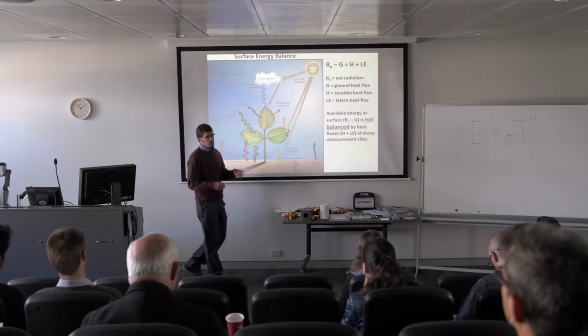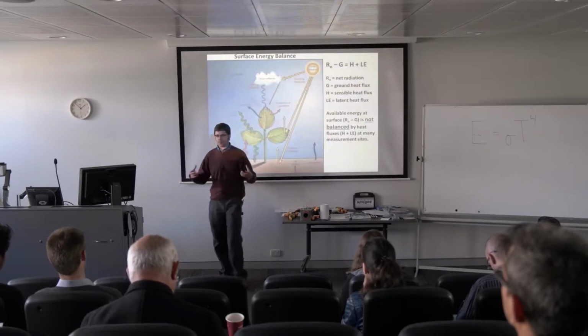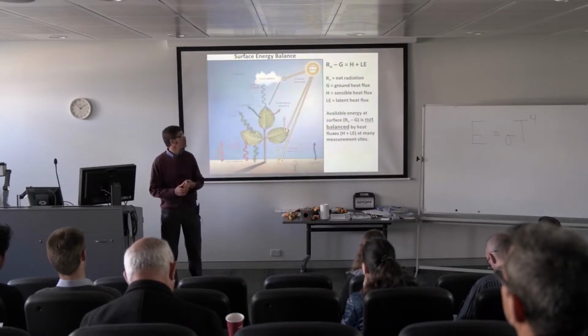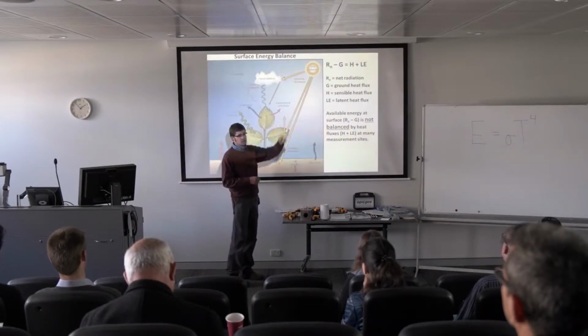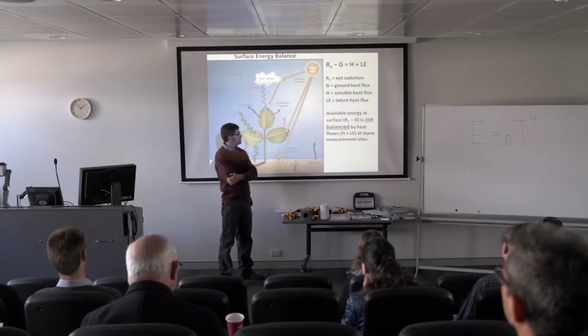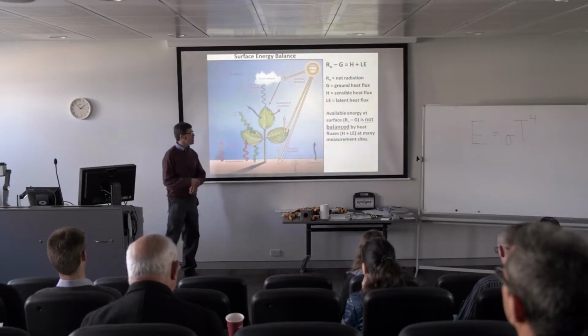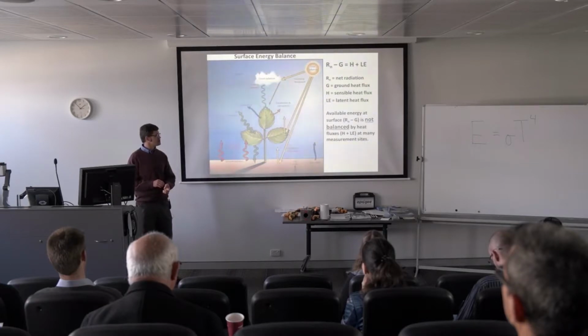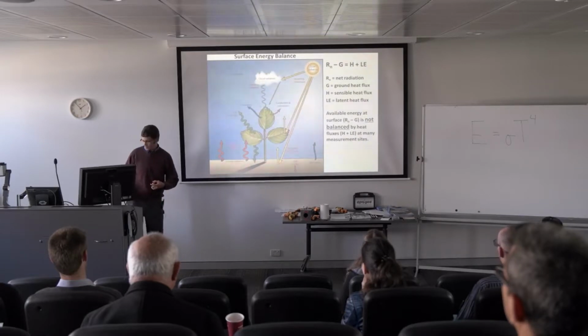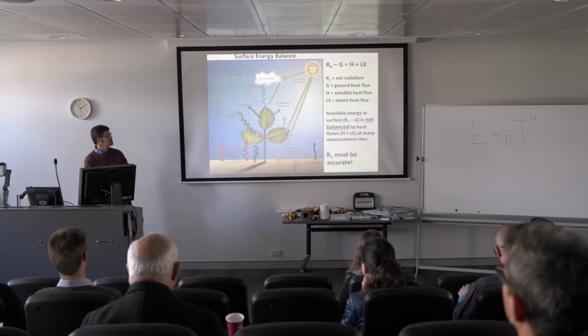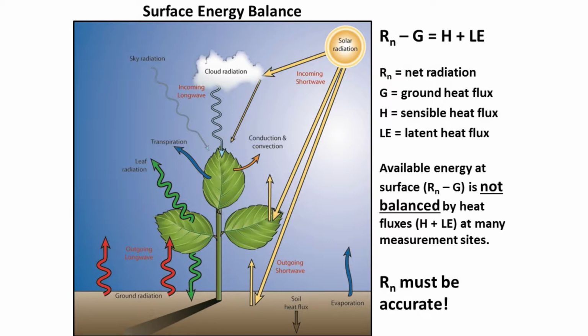We often find when we make measurements of all of these terms, like at eddy covariance sites, where we can measure sensible heat flux and latent heat flux with gas analyzers and sonic anemometers, that the available energy is not balanced by the heat fluxes at many measurement sites. And it should be, the energy coming in should equal the energy going out. So the real point is net radiation measurements have to be accurate for surface energy balance studies.